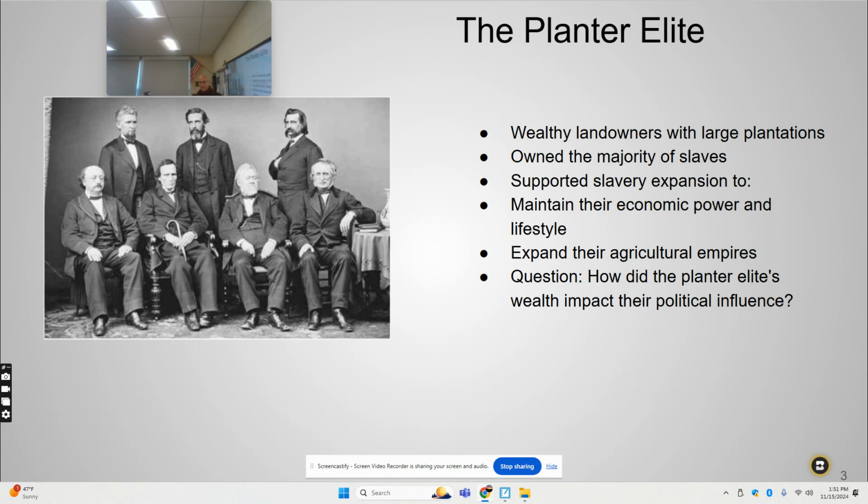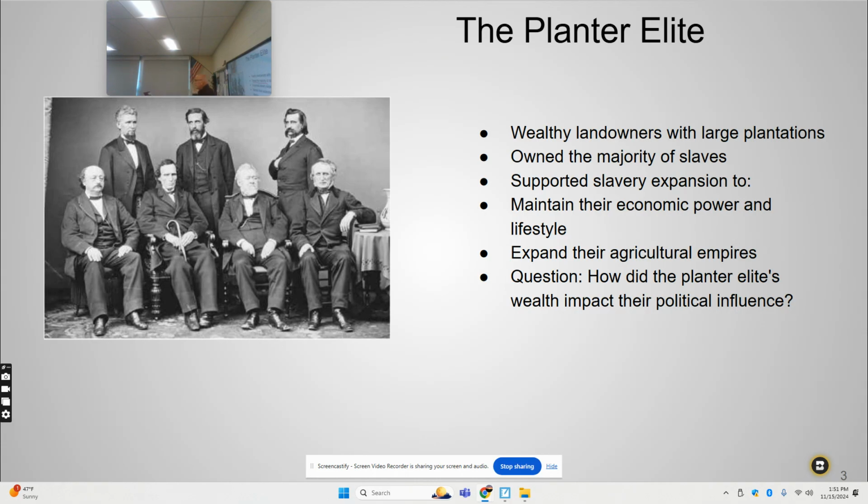And they're constantly looking to expand their agricultural empire. Remember that as Americans are moving west across the continent in the mid-19th century, what are Southerners looking to do, especially wealthy Southerners? They're looking to take their land and their slaves with them, taking those slaves to new lands and new territories.